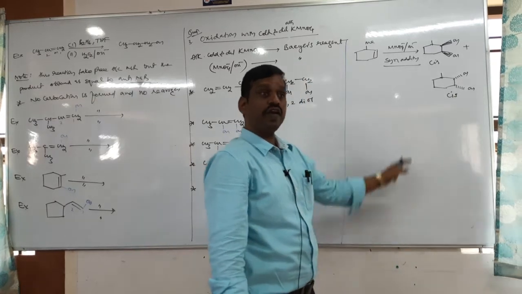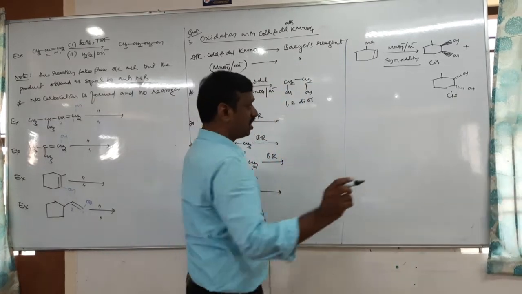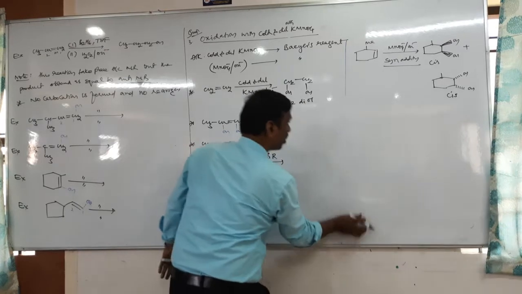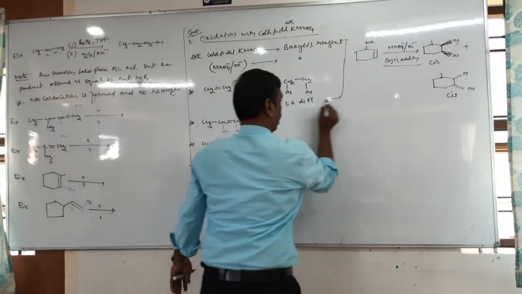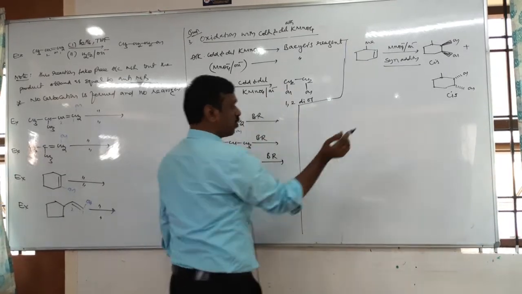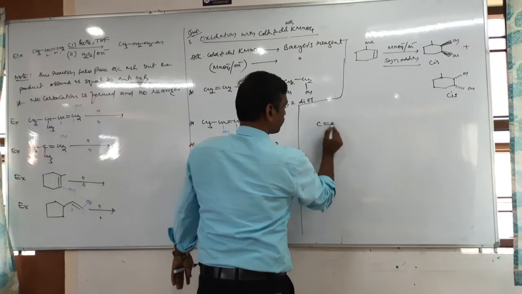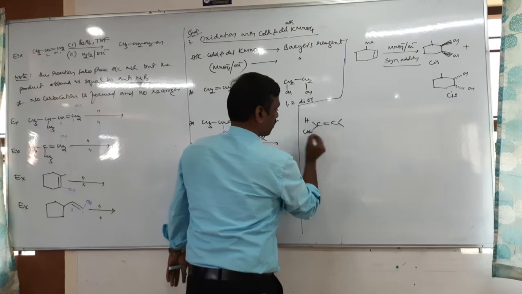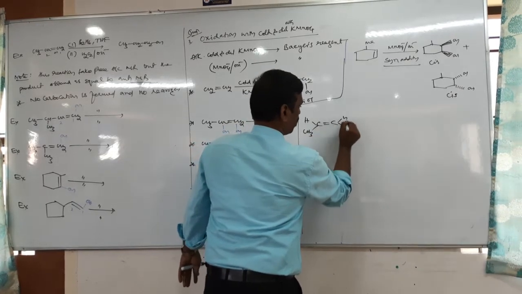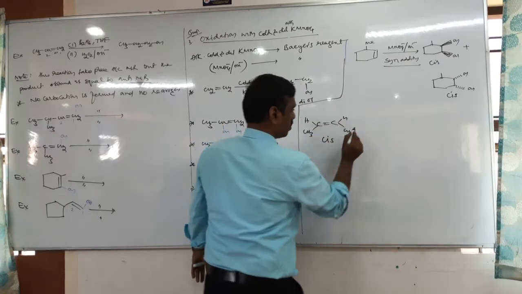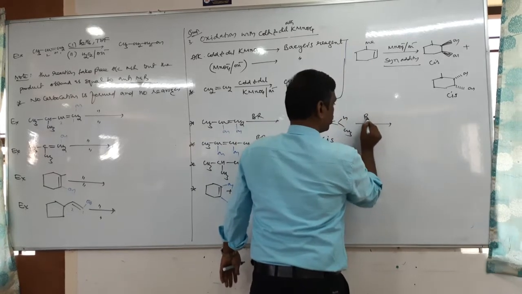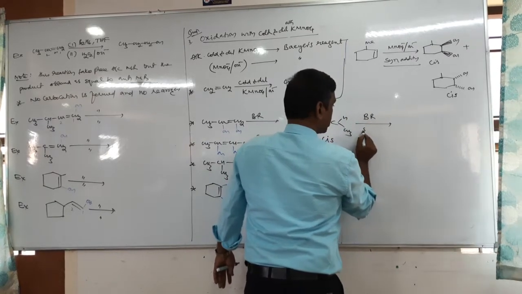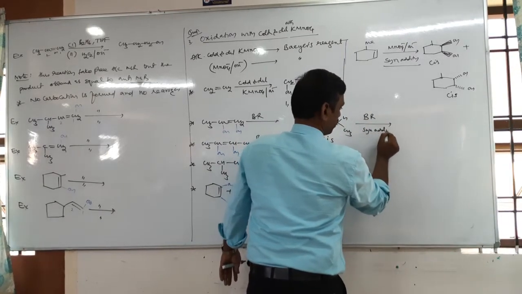Okay. Then where is this reaction important? This reaction is important particularly for alkenes having either cis or trans form. For example, let us take a cis alkene. The alkene is a cis and the Bayer's reagent gives syn addition.